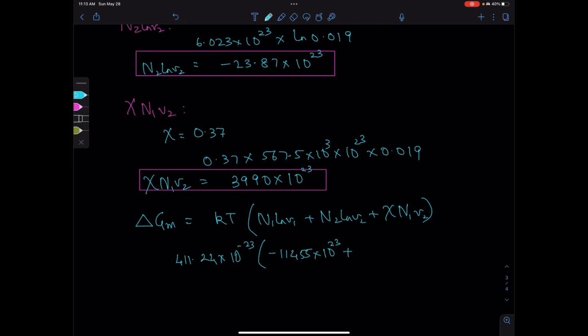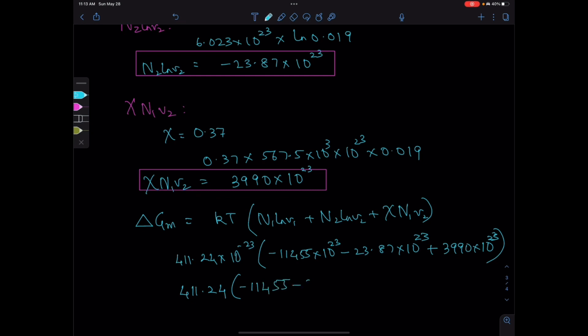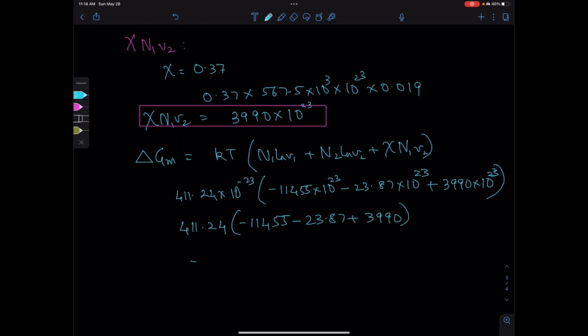N2 ln V2 is negative 23.87 times 10 to the 23. And chi N1 V2 is 3990 times 10 to the 23. 411.24 times that gives us 3080 kilojoules.